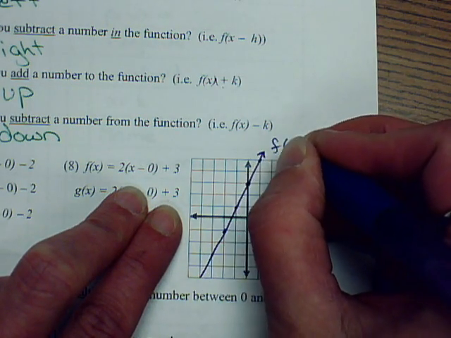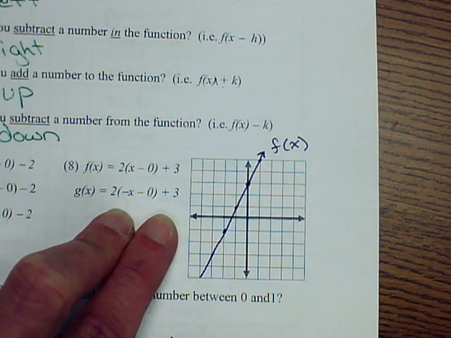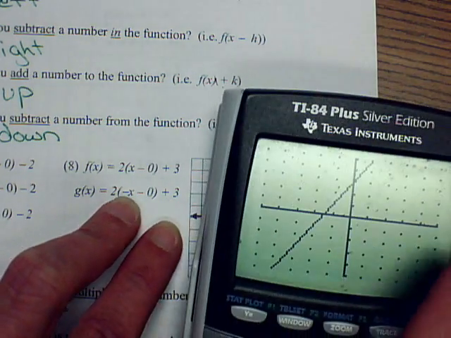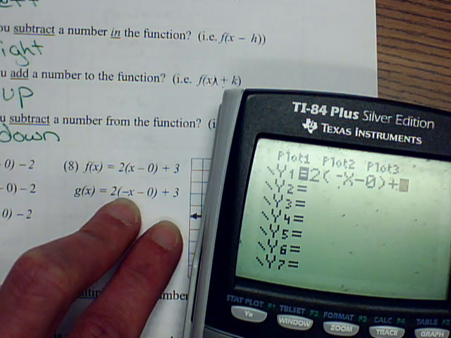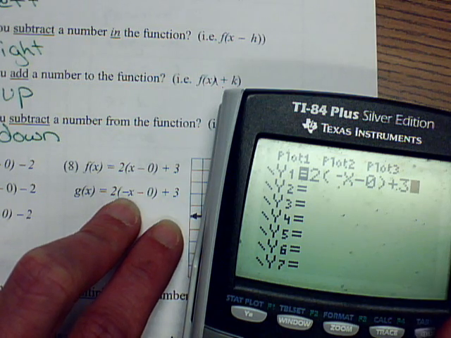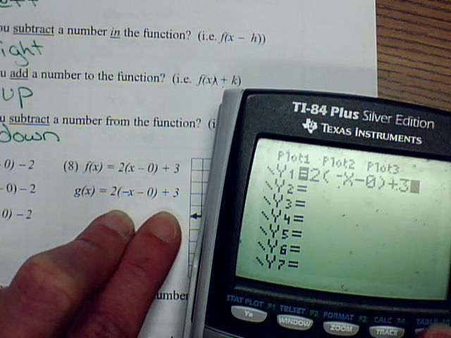So there's that original. Now I'm going to go in and change that to have a negative in front of the x. Oops. Now I just really messed it up, so let's start over. Negative x minus 0 plus 3. Bet it's still going to be crossing at 3. Let's see.